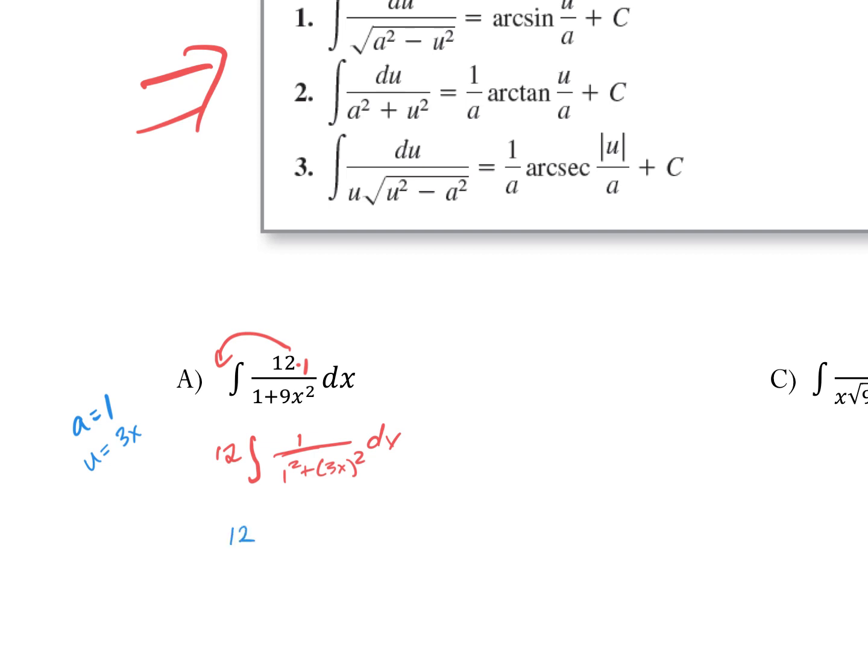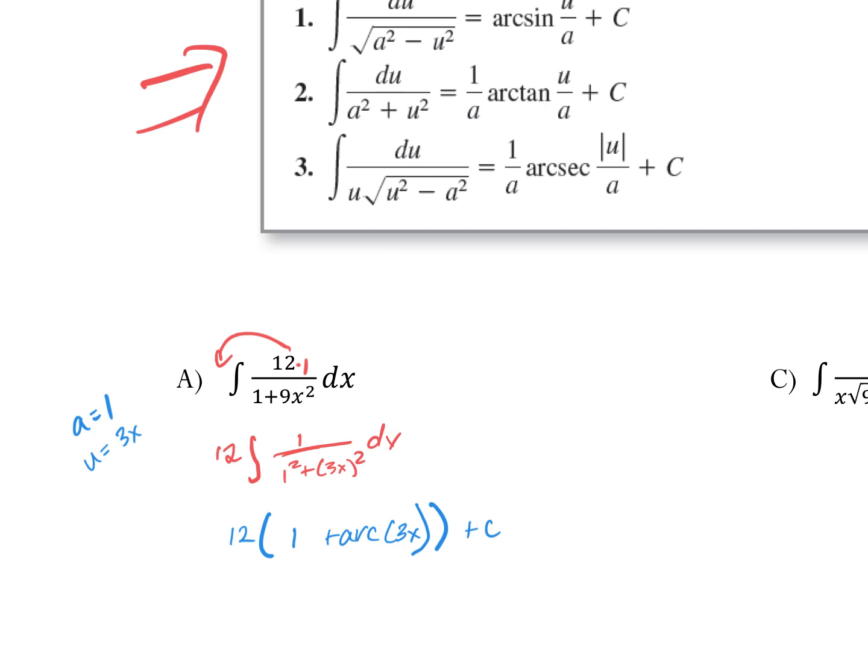So the 12 out front times 1 plus arctan of 3x plus c.